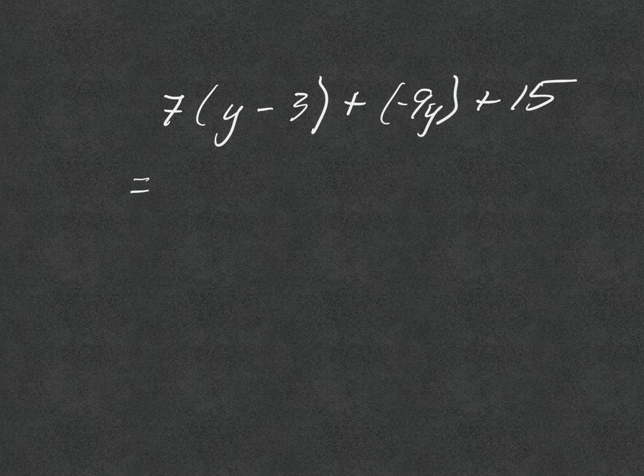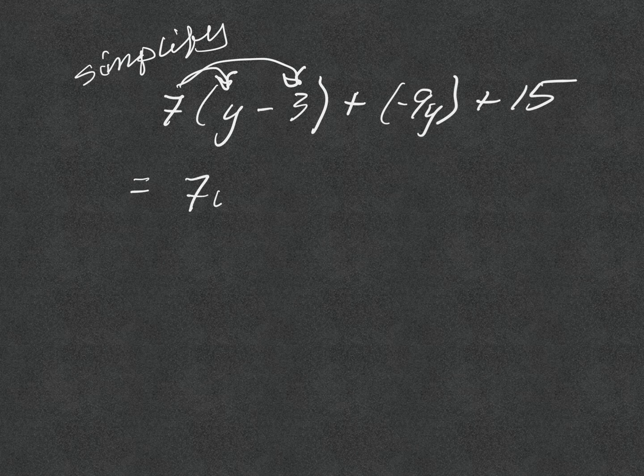And so we need to multiply before we add things. So I do my distributive. So they're starting to mix things up. And this is simplifying. Simplify means do all the arithmetic, which means collect like terms. All right? So I now get 7y minus 21 plus negative 9y plus 15.